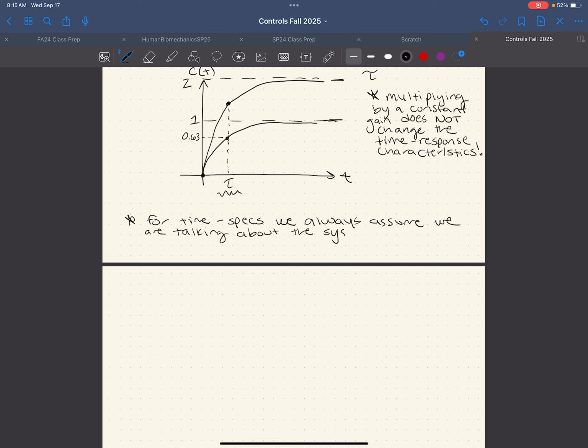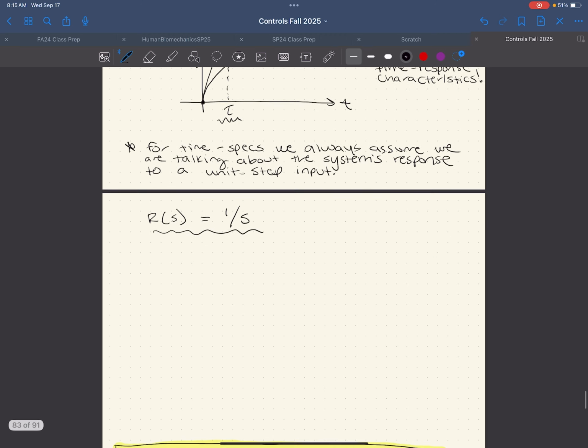And if we think about the Laplace transform of a unit step, we should know that that looks like 1 over s. So for all the time specifications of systems, both in the first order situation and for today's main content in the second order situation, we'll always be analyzing the system's response to a unit step input.